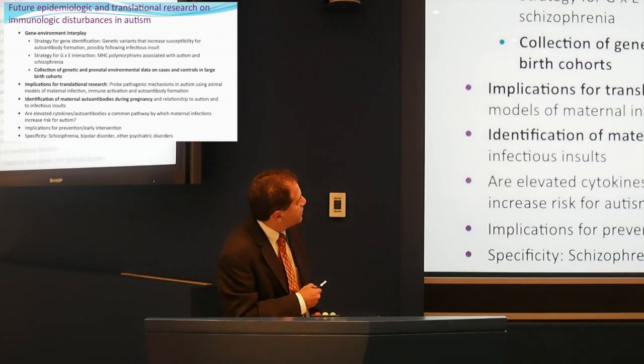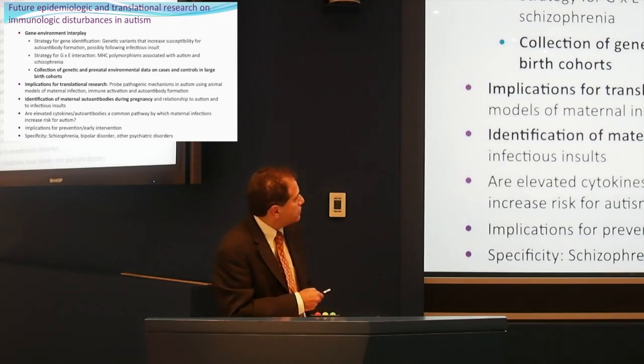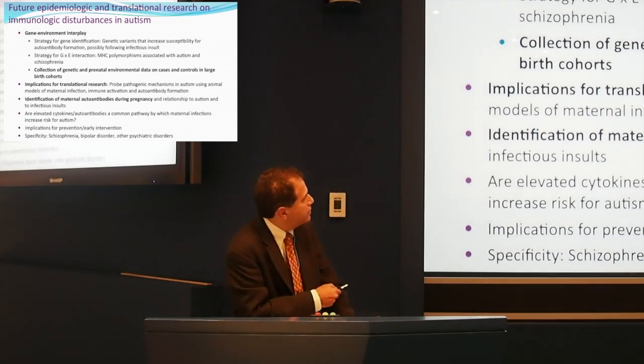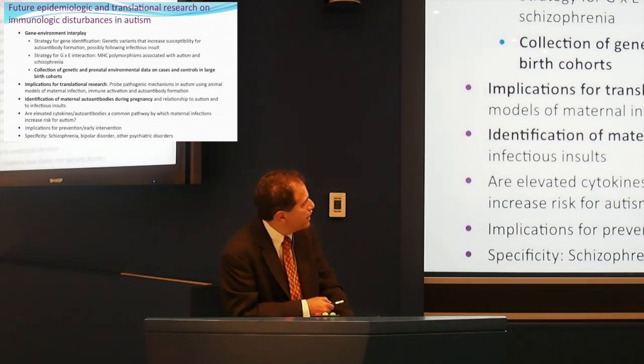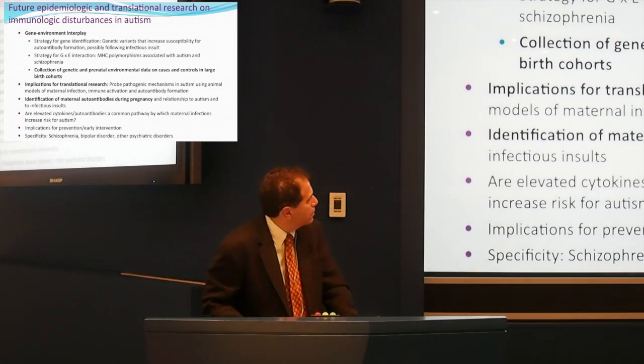This work also has implications for translational research in terms of probing pathogenic mechanisms, as Betty alluded to. In addition, it would be very valuable, even though it seems likely that these antibodies are present during pregnancy, to actually document that in these birth cohorts, as well as look at their relationship to autism and to infectious insults that we're also measuring in this birth cohort.